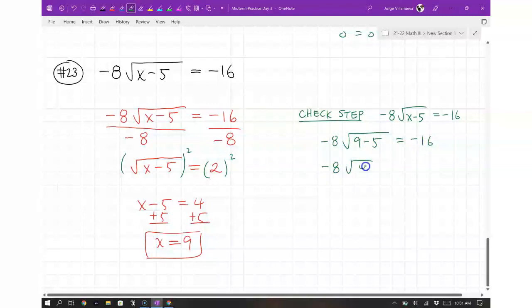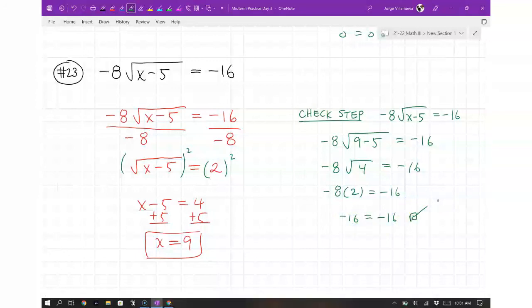Negative 8 square root of 4 is negative 16. The square root of 4 is 2. So negative 8 times 2 is negative 16, which is true. Negative 16 is negative 16. So that works. So 9 is the correct answer.